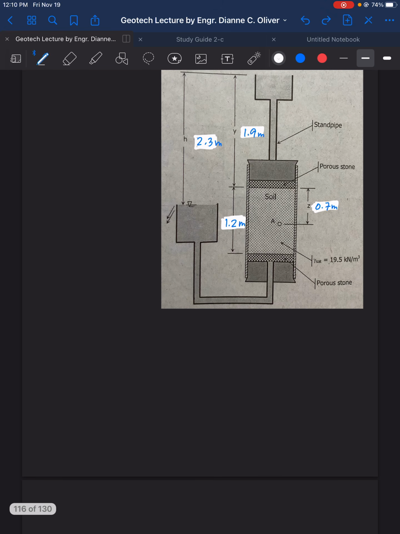P total is equal to, we have the water 1.9 meter, so that is 9.81 times 1.9 plus the soil is 19.5 saturated, times 0.7.